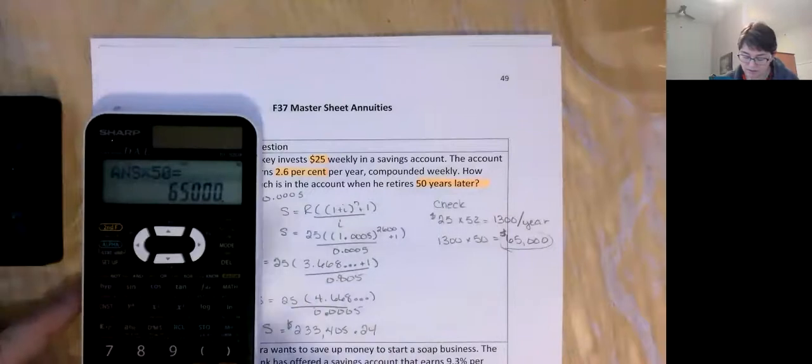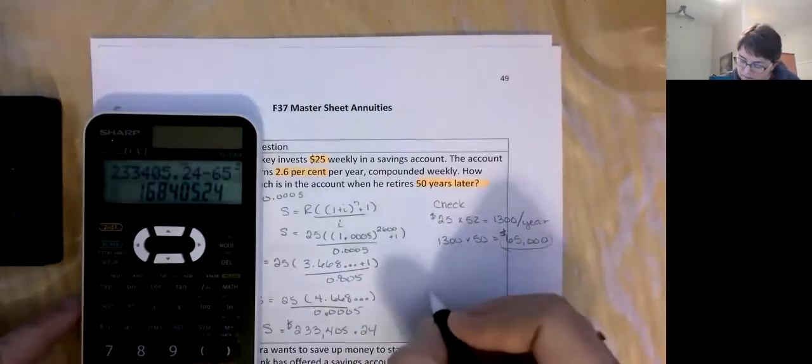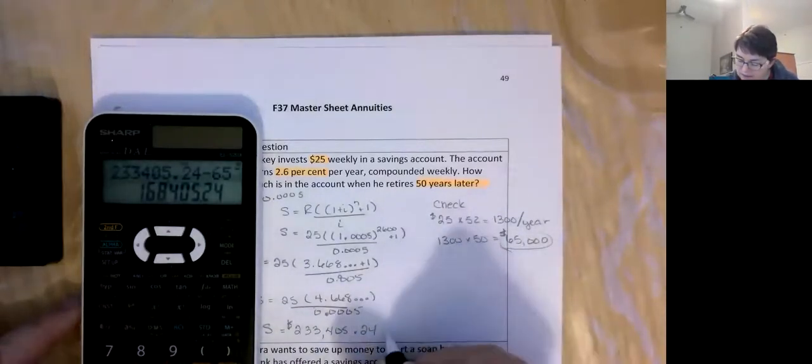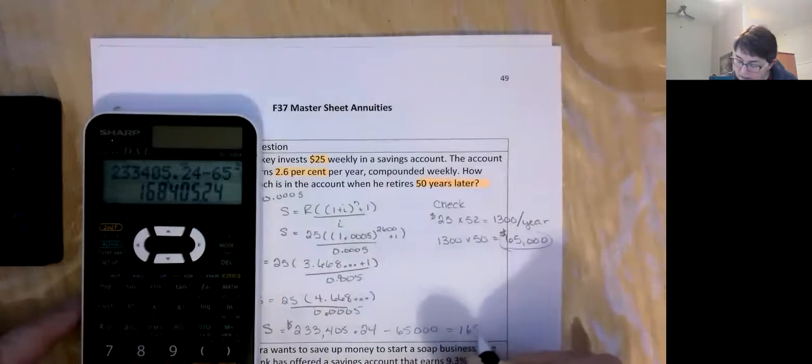I really want to know, 233,405.24 minus $65,000. So when I subtract this, it's 168,405.